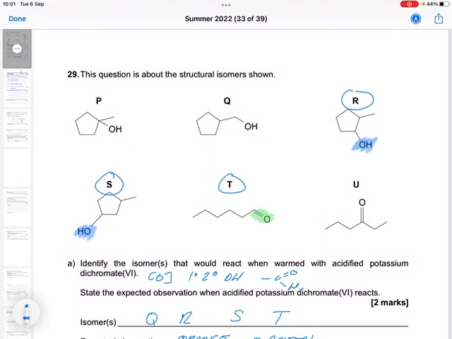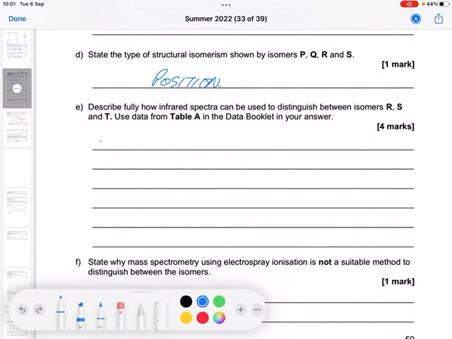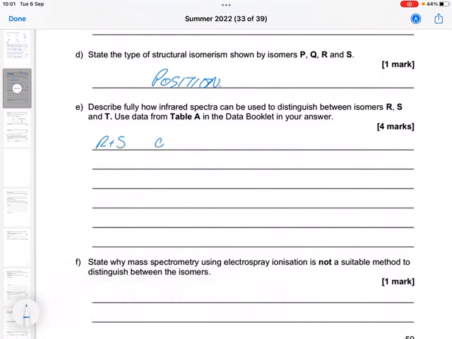So R and S will have an OH peak. If you just put OH peak, you won't get the mark here. And that's at 3230 to 3550. You must always quote the data sheet. T has a carbonyl peak, and that will be at 1680 to 1750.